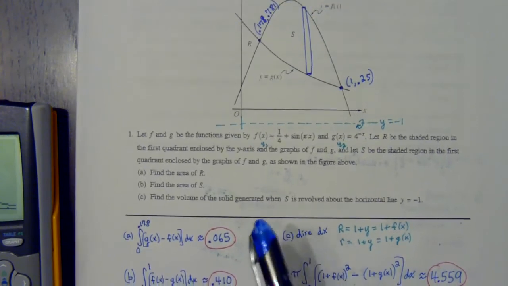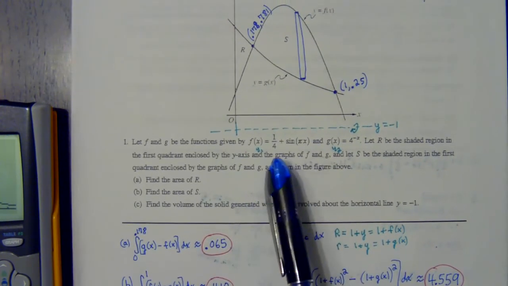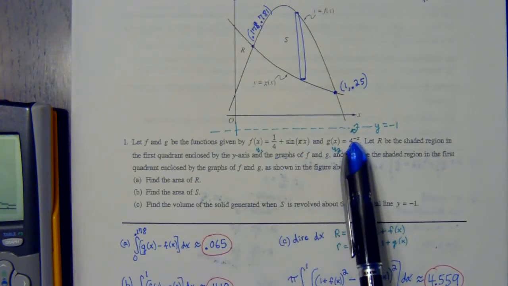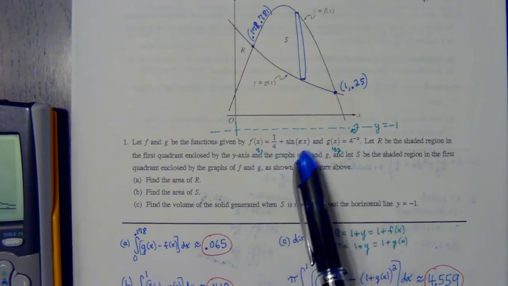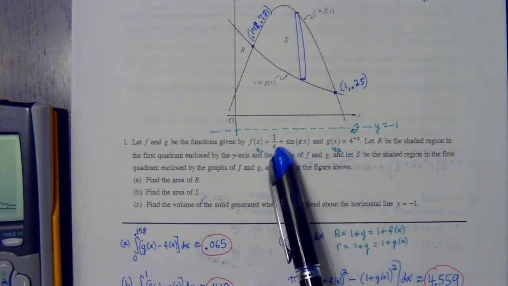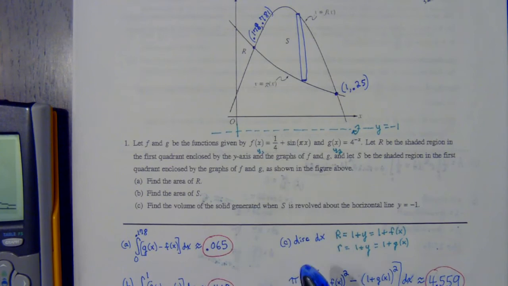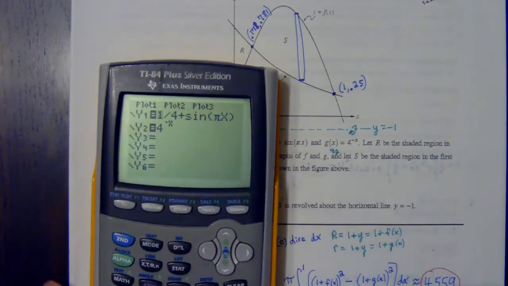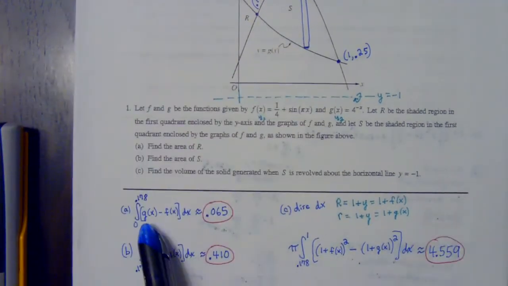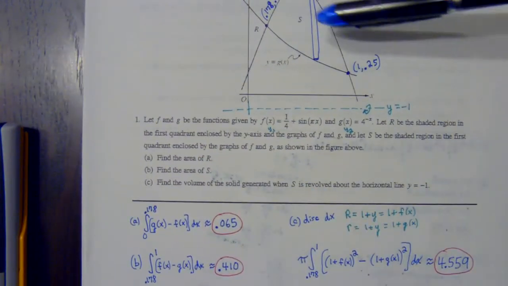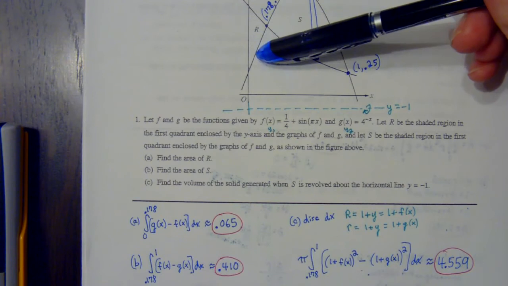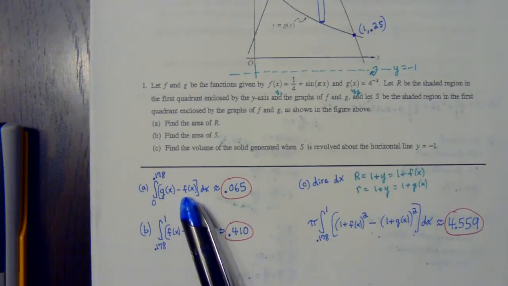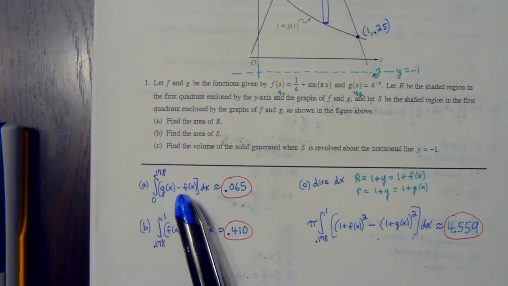But the calculator part, I want to stress, you don't have to type in this function minus this whole function and spend all that time typing that out right there. If you have the functions in the calculator already, there's my Y1, there's my Y2. So if I need to do G minus F, that's giving us this area, this top curve minus the bottom curve. If I need to do G minus F, that's my Y2 minus the Y1.